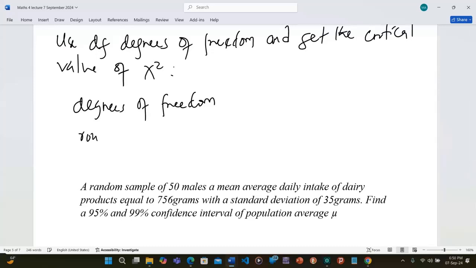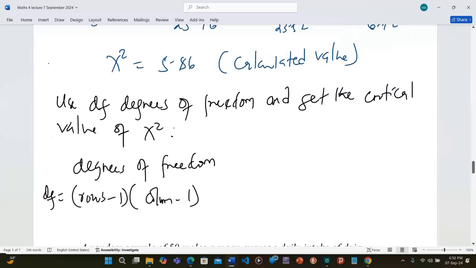You get the rows minus 1, you multiply it with columns minus 1. So we know that our rows are 2, so we subtract 1.